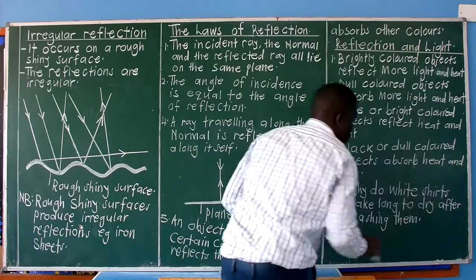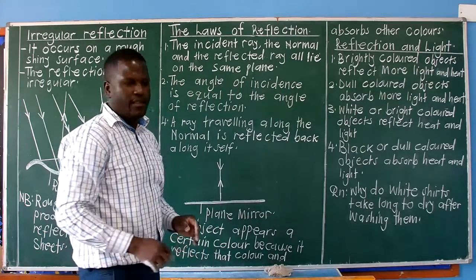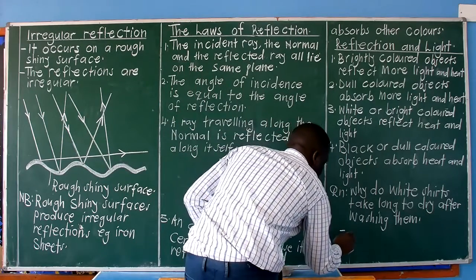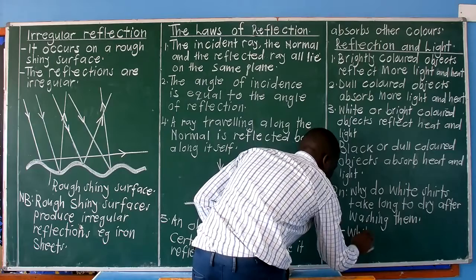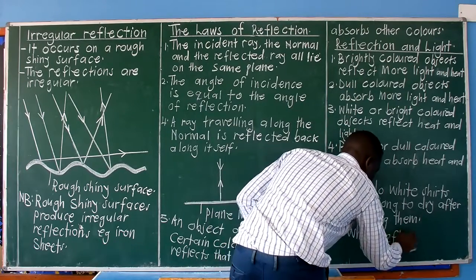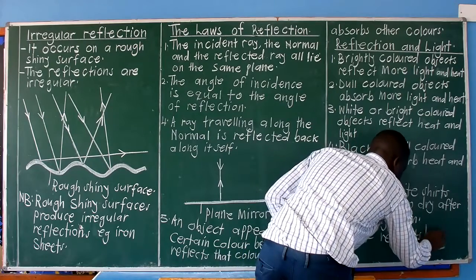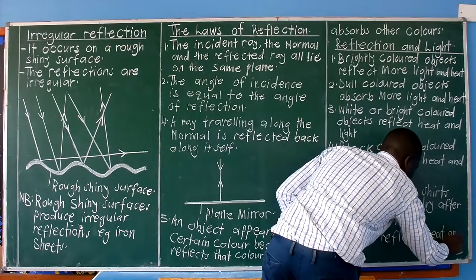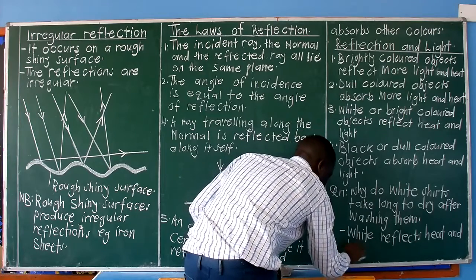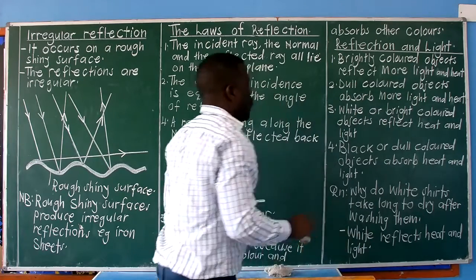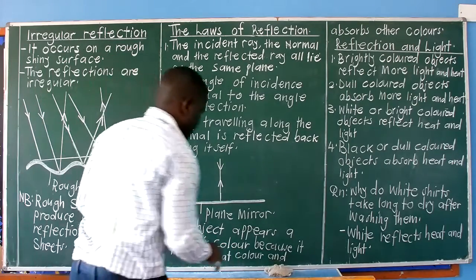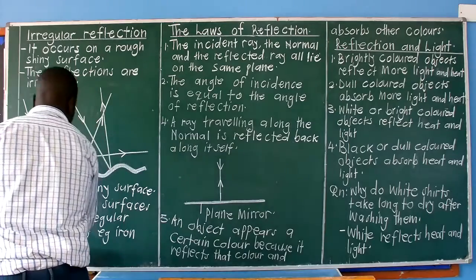It's because white reflects heat and light. That's why a white shirt will take long to dry, because most of the heat is reflected.